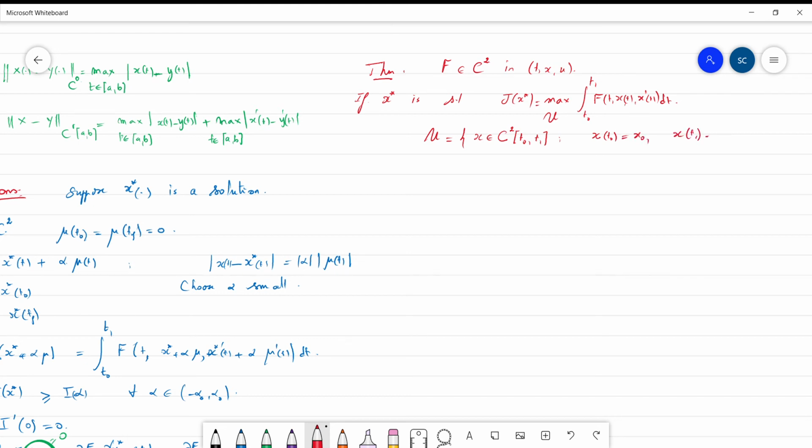So we are looking for solutions like that, given initial and final conditions.